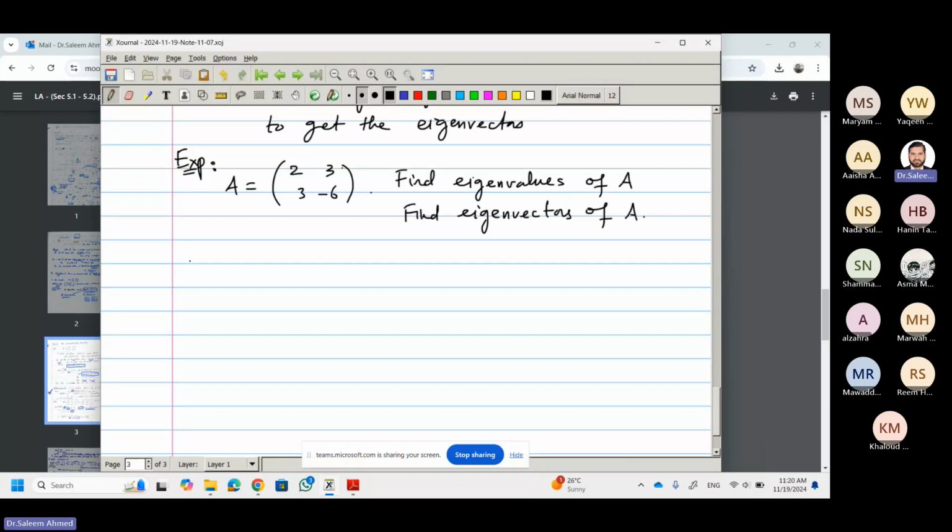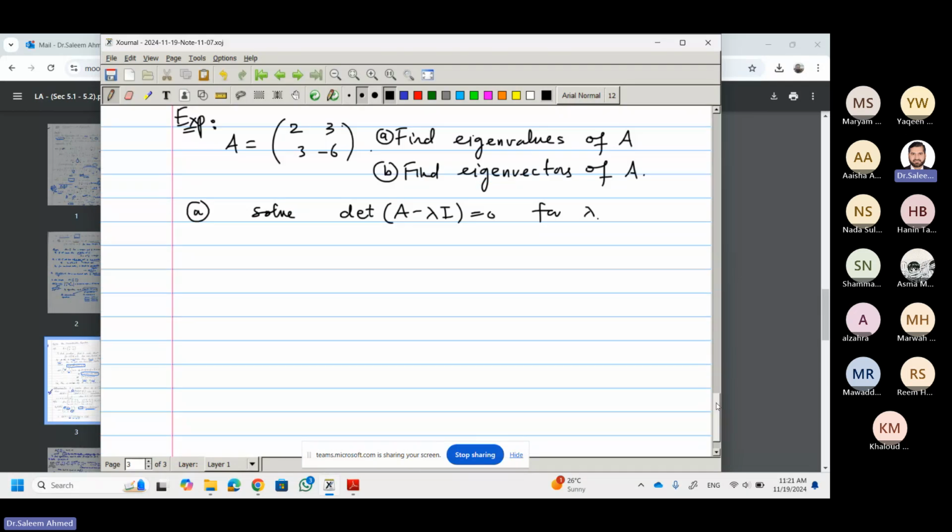Let's say this is question A, this is question B. For A, for eigenvalues, I will solve the characteristic equation, determinant of A minus lambda I equal to 0, for lambda. There is no x here.